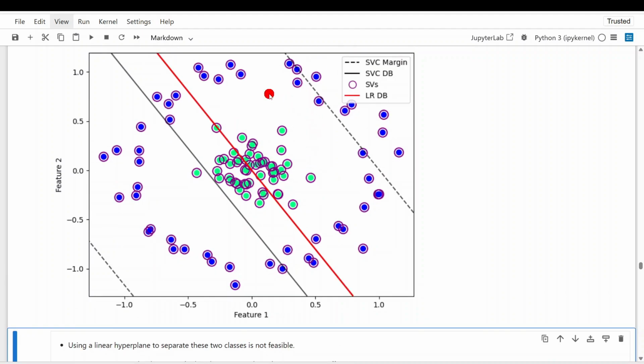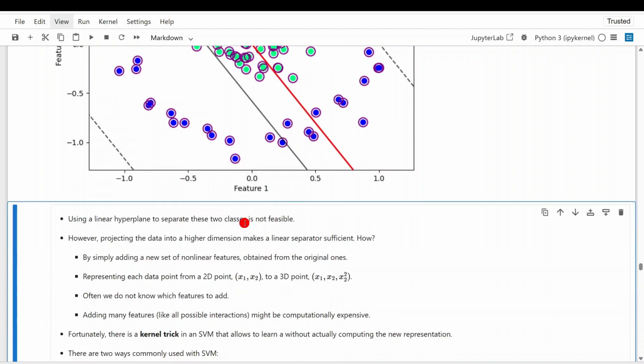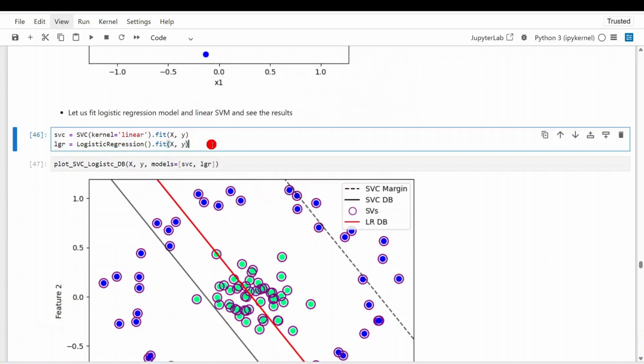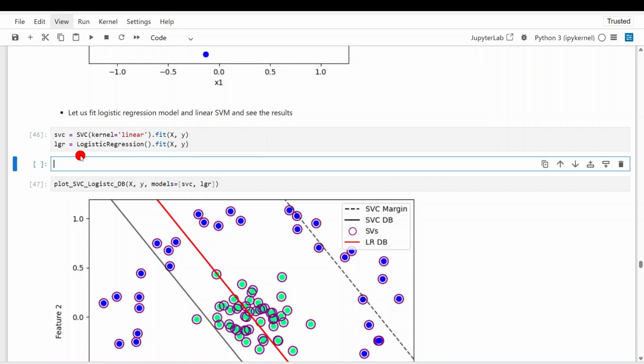And another thing here: since it is not linearly separable, all the points have a contribution for this support vector classifier. But this model is actually poor because it couldn't classify these blue and green points in a proper way. Let's check the accuracy of the models.